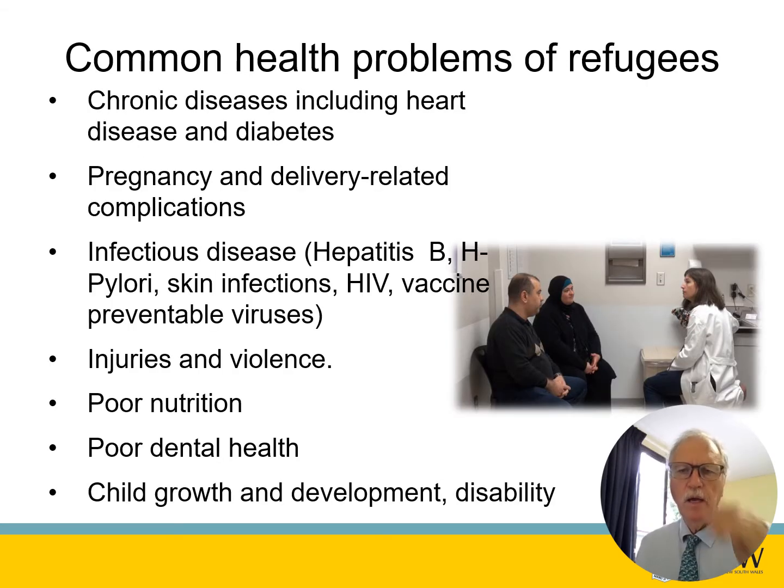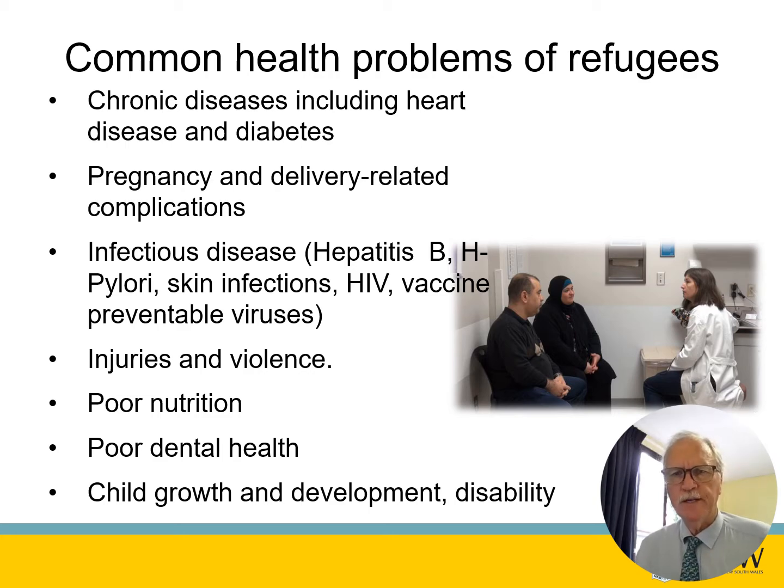So there are a number of common health problems that refugees face, and many of these are common in the Australian population as well. So first of all, there are, of course, many long-term chronic conditions that patients might have.